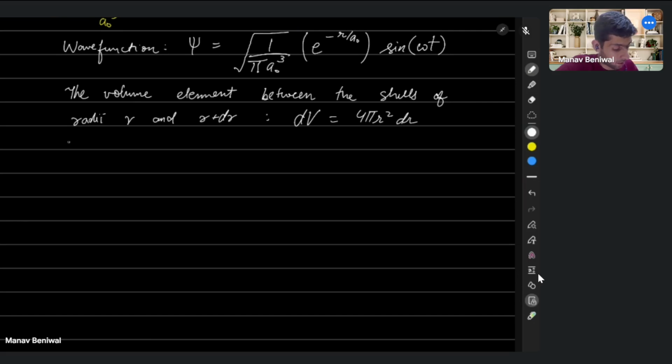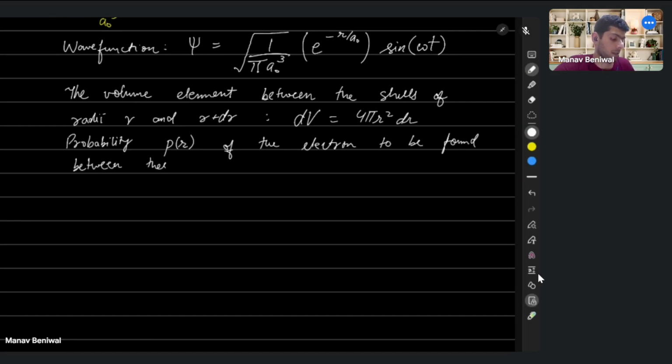Okay. So now probability P(r) dr of the electron to be found between these shells is given as P(r) dr = mod psi squared dV.